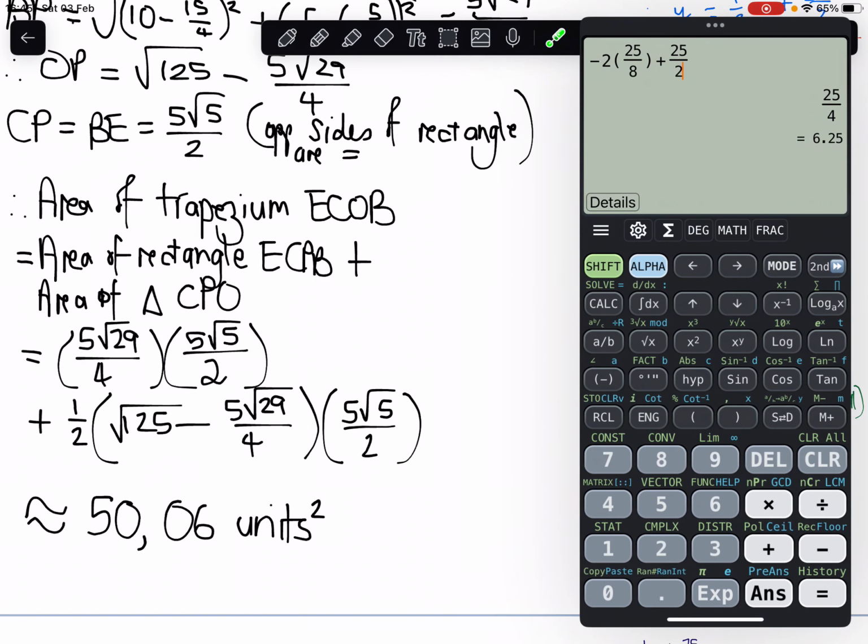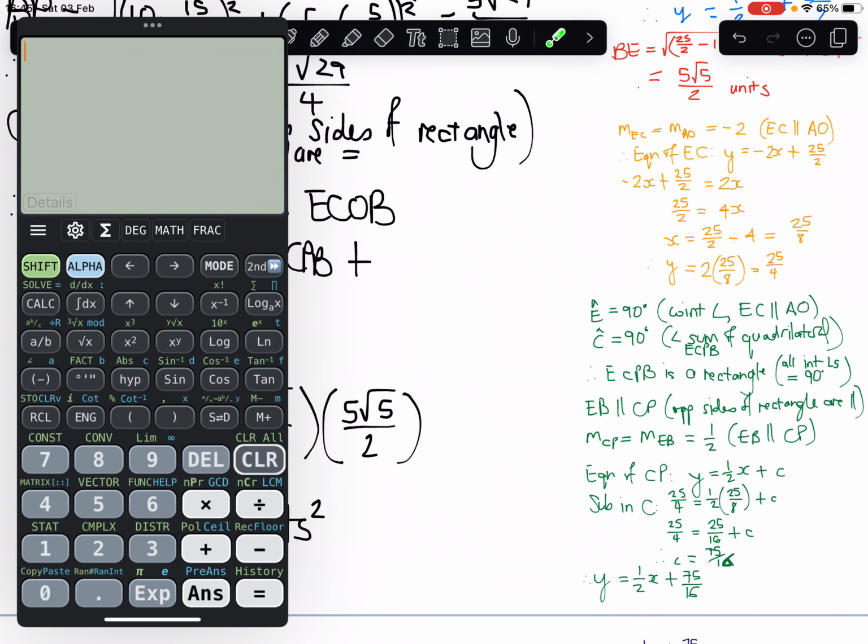I'm just going to bring out the calculator for the solution of c. So that's going to be 25/4 minus a half times 25/8, and that does give us 75/16. So the equation of, okay, let's hide the calculator again.